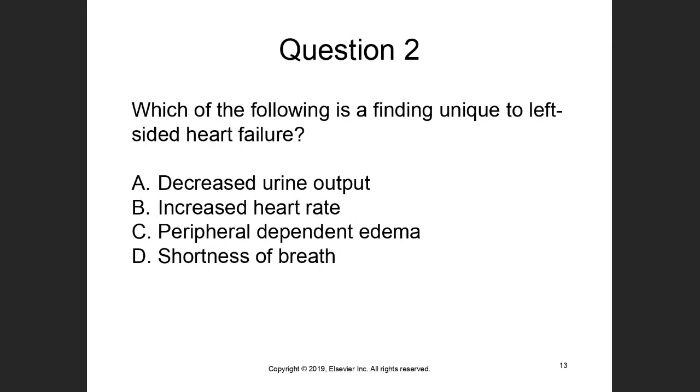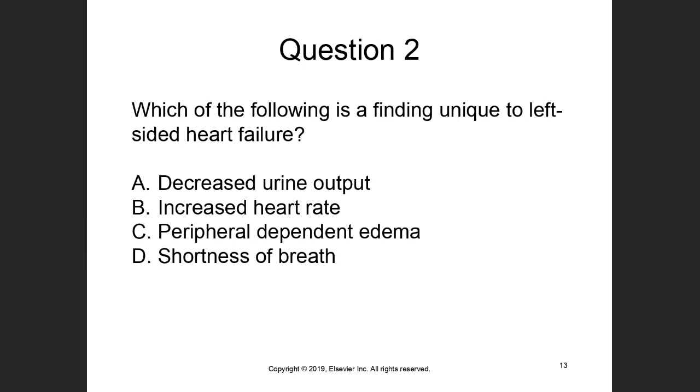Now we have question number 2. Which of the following is the finding unique to left side heart failure? Who knows the answer? Okay, this question is not really good.